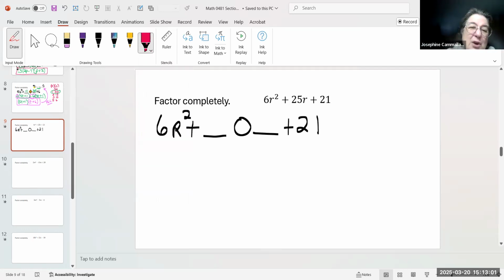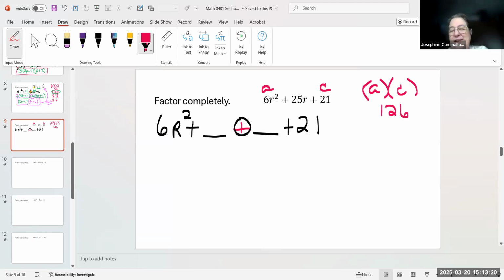Everybody now should know this is a plus. Well, A times C is 6 times 21, which is 126. As you see, the numbers are getting bigger.